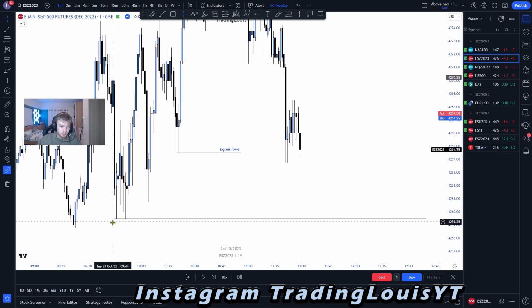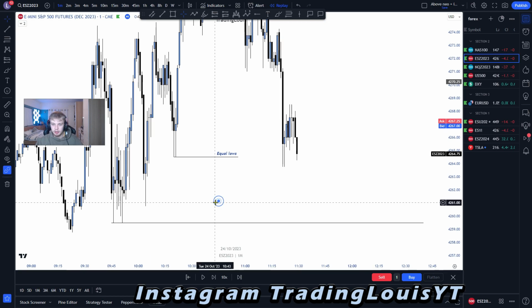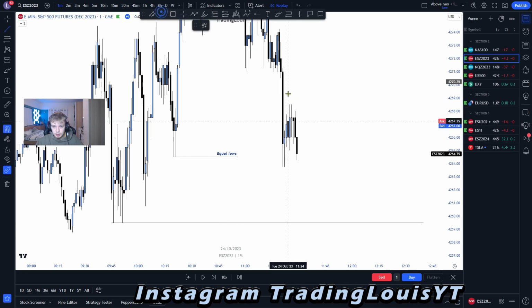For example, we have these. I know this is replay mode and in hindsight, but if you guys are tape reading yourself in live time, and you see equal highs, equal lows, make sure you mark them, because it is a very good draw on the liquidity. As you can see, we also have some equal highs here.